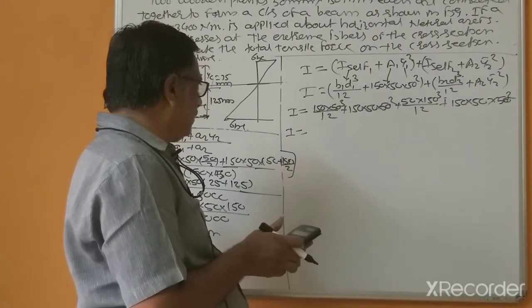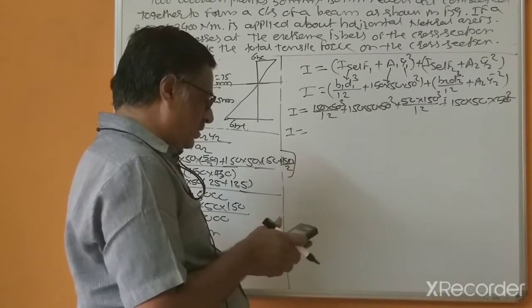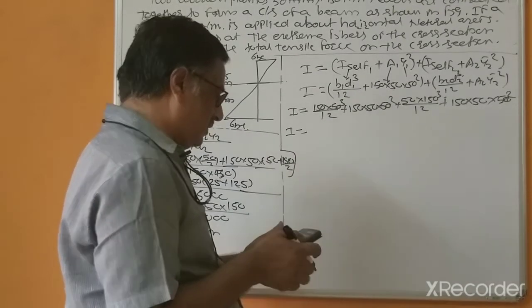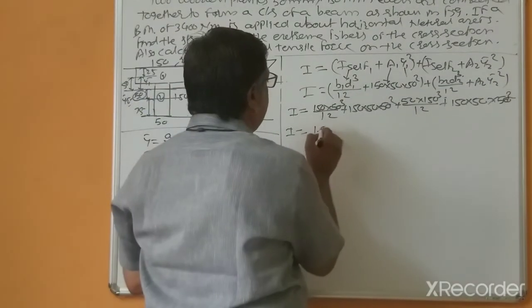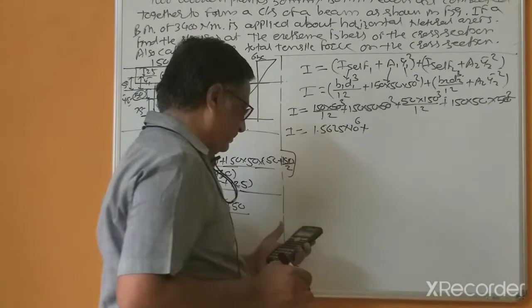150 into 50 cube divided by 12, this is equal to 1.5625 into 10 to the power 6.